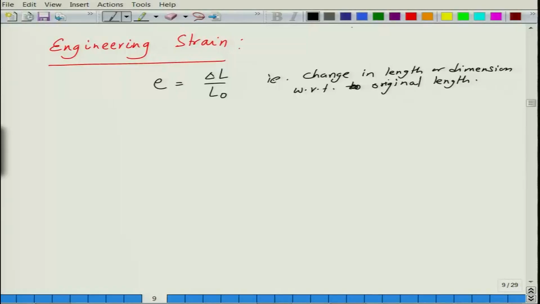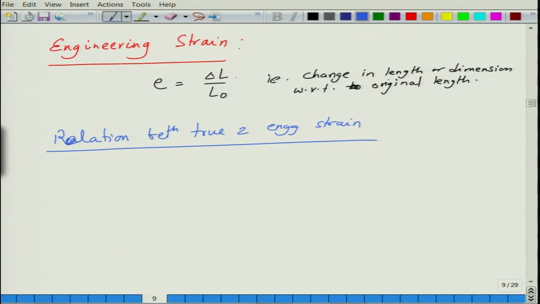Now let us see what is the relation between the two things. So, the relation between them: we can write this as LF minus L naught divided by L naught.